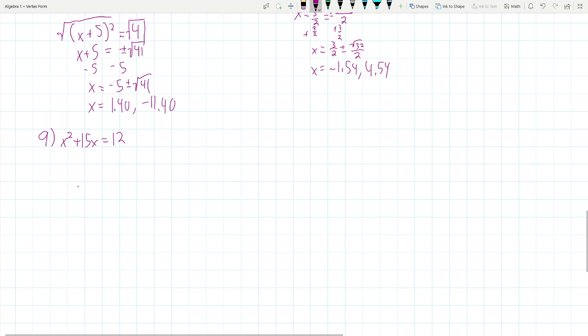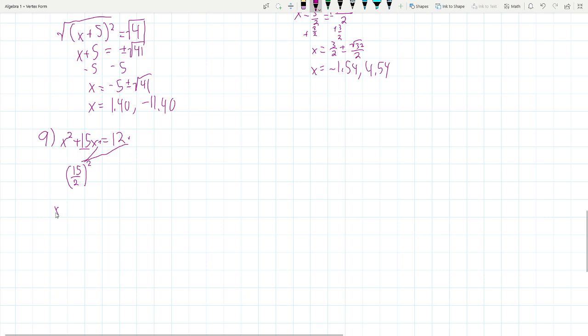And if you haven't caught on to it yet, what we do is we take this value here and we divide it by 2. So we go 15 divided by 2, and then we square it. And we plug it in both here and here. And they're always going to be a positive value.